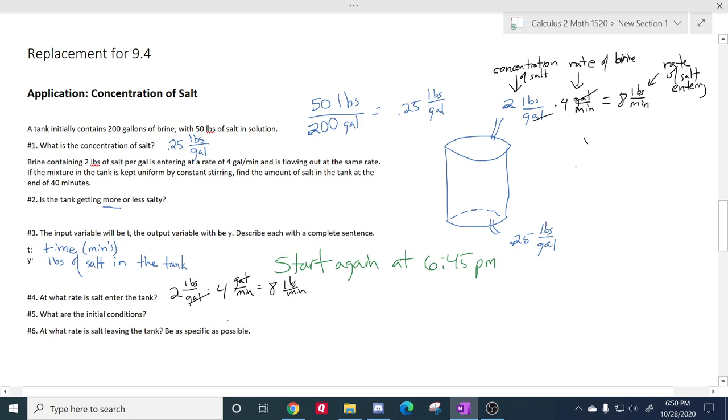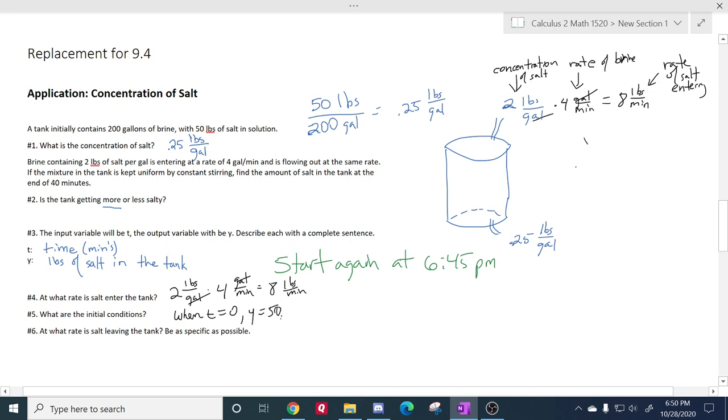Okay, you're right on track. But give me initial conditions, something for both variables. Something for t and something for y. Oh, it's like when time is 0 minutes, there's 50 pounds of salt. When t equals 0, y equals 50.